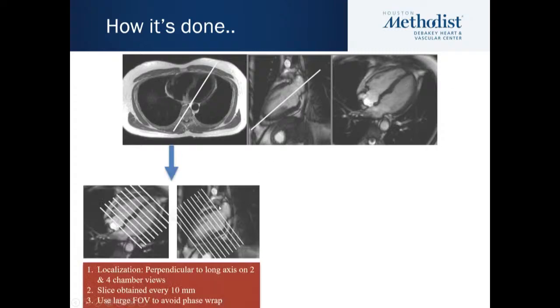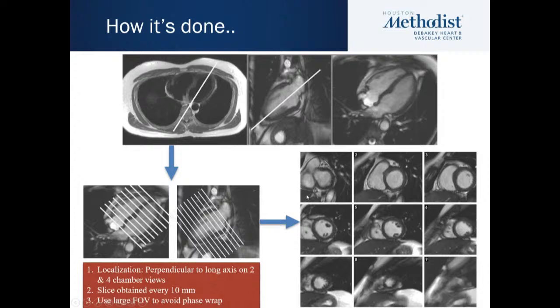And then out of these, you prescribe what we delineate as short-axis slices of the LV that are perpendicular to each other through the four-chamber and the two-chamber. And then you know what the distance between them is. You know what the positioning of them in the 3D space of the magnet. And then you end up with these slices.